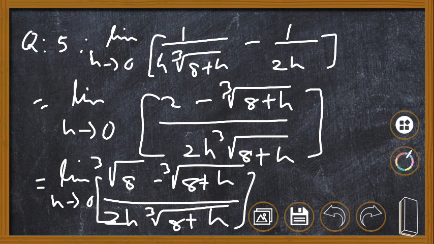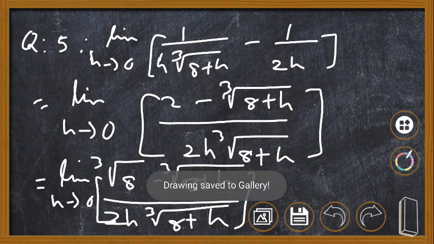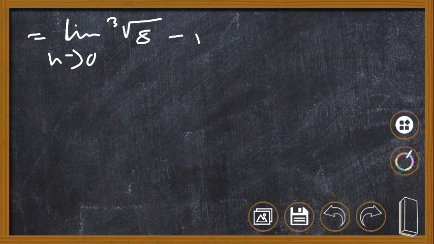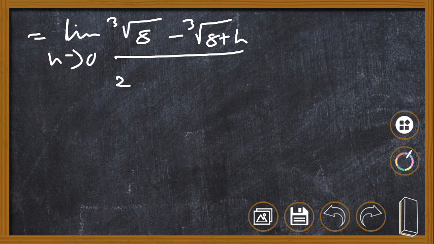Let me save this page, right, and let us write this once again. Limit h tends to 0, this was our cube root of 8 minus cube root of 8 plus h divided by 2h into cube root of 8 plus h.